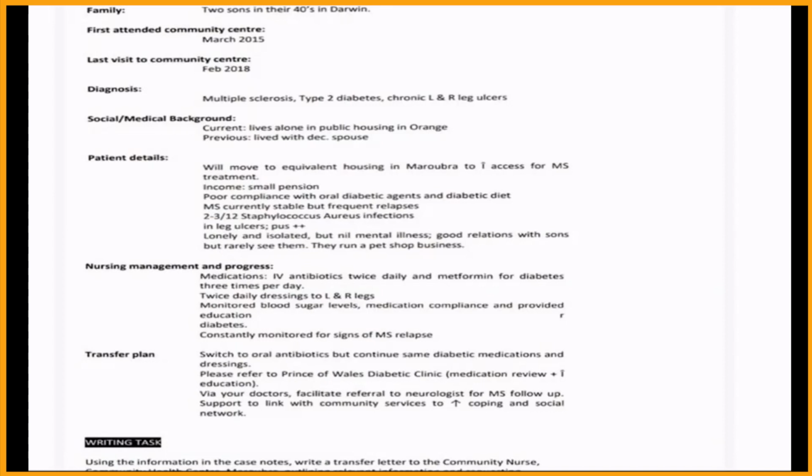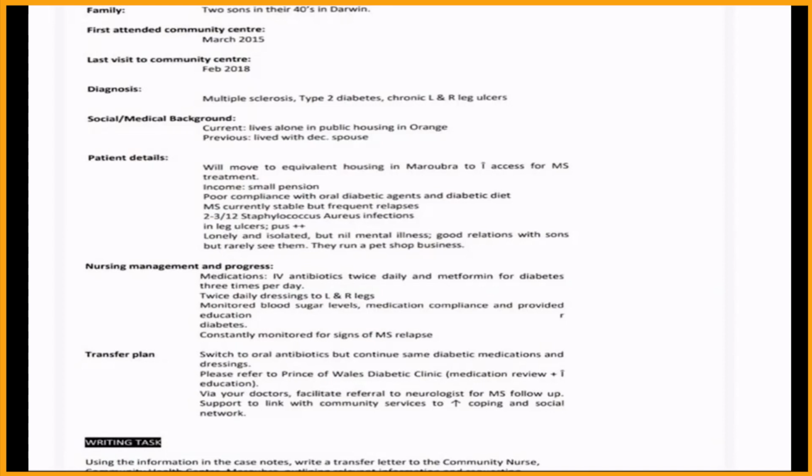Okay. So now I'm going to read: poor compliance with oral diabetic agents and diabetic diet. Under which heading should it come? Should it come under multiple sclerosis, type 2 diabetes, or leg ulcers? Type 2 diabetes. So you make a note of that. Next, MS currently stable but frequent relapses. Under where should it come? Multiple sclerosis. You're right.